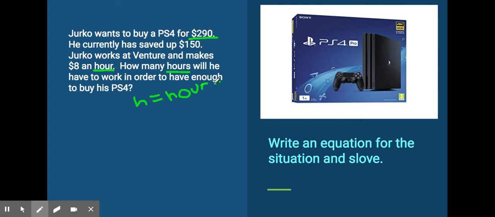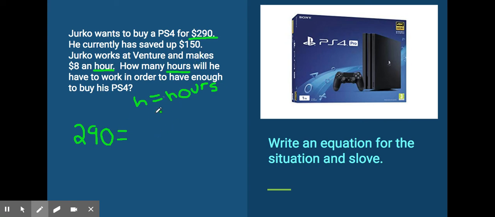We also know that he wants to get to $290. If that's what he wants to get to, we're going to make sure that whatever we put together for our expression equals 290.